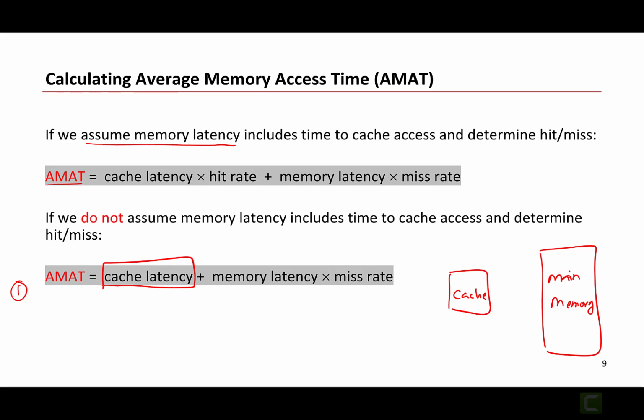But that's of course not true, because for some fraction, which is defined by the cache miss rate, for some fraction of memory accesses, I would have to additionally incur the latency of accessing the main memory. Therefore, the way to calculate the average memory access time is by adding cache latency with memory access latency and multiplying that with the miss rate. That seems fairly intuitive, right?